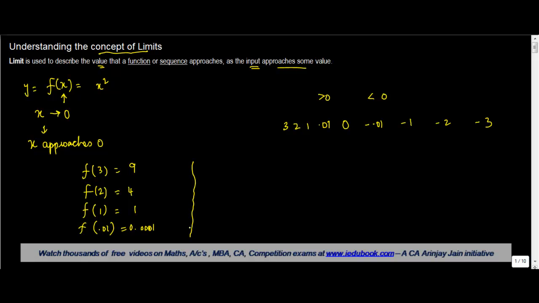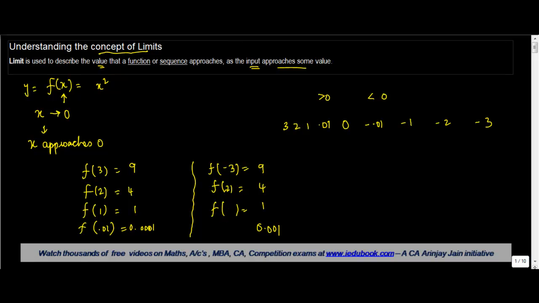Again, in this particular function, if you compute the value for these, let's say you compute f(minus 3), that is going to be equal to minus 3 square, which is 9. f(minus 2) is 4, f(minus 1) is equal to 1, f(minus 0.01) is equal to 0.0001.